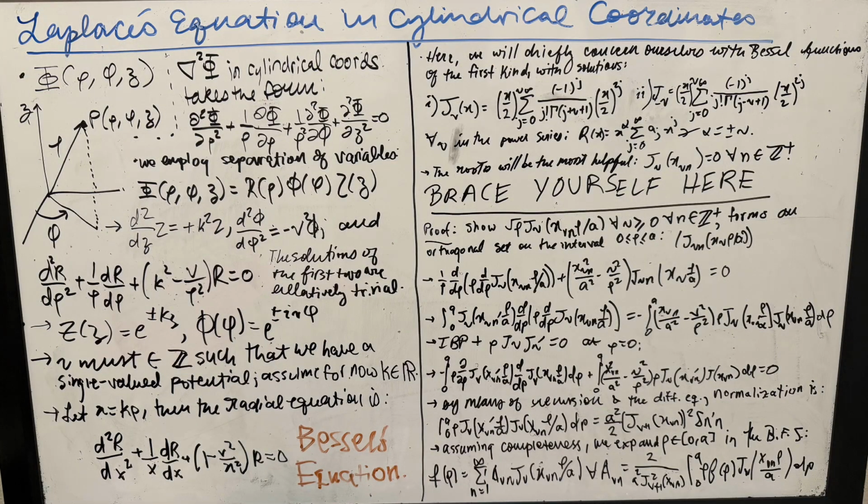So in this portion here, I wanted to discuss the Laplace equation in cylindrical coordinates. Essentially, we perform the same standard procedure of taking our function phi and splitting it up into different functions of rho, our radial distance, our azimuthal angle phi, and our height z.